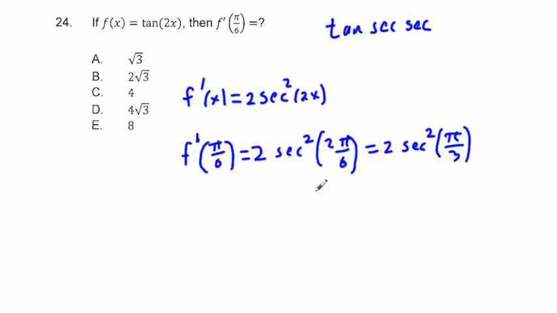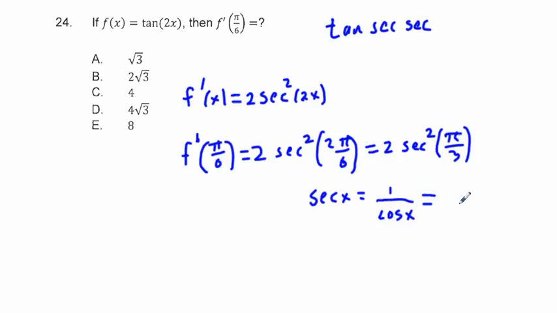Well, secant x equals the inverse of cosine x, which in this case, our cosine of pi over 3 is 1/2.